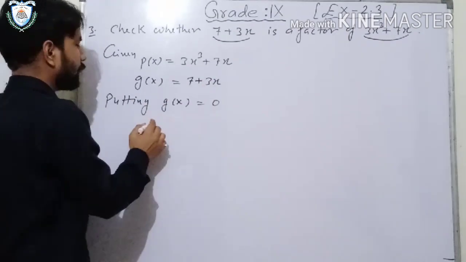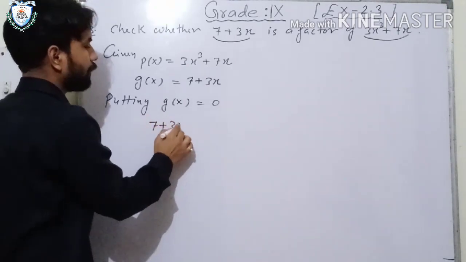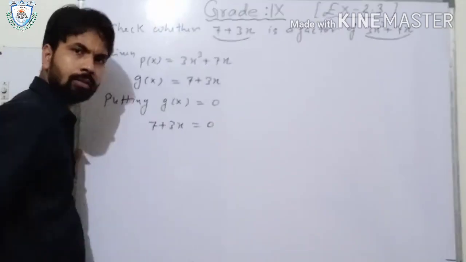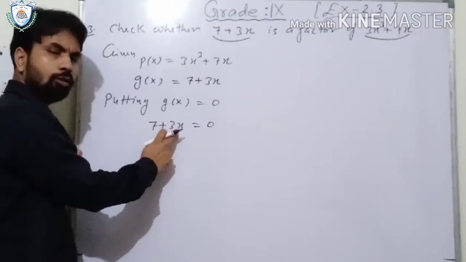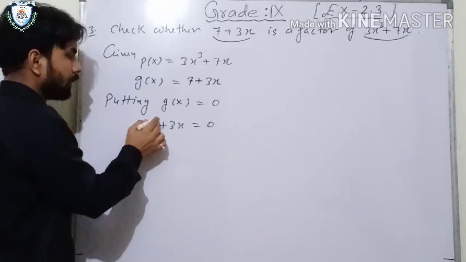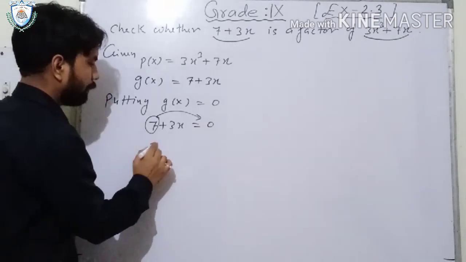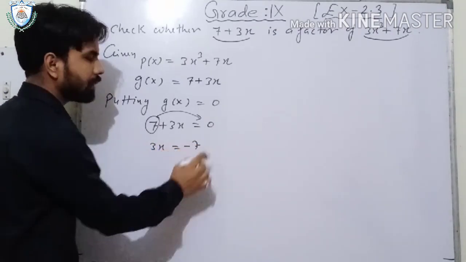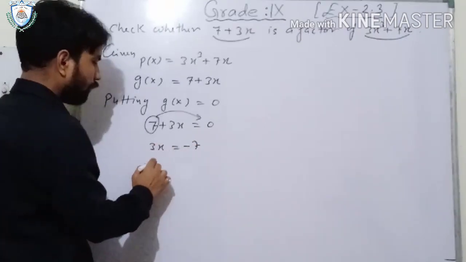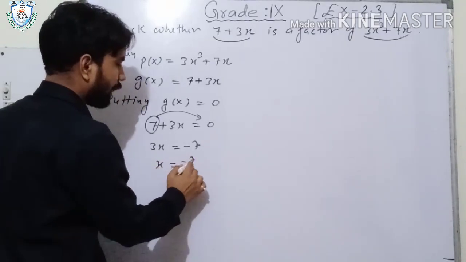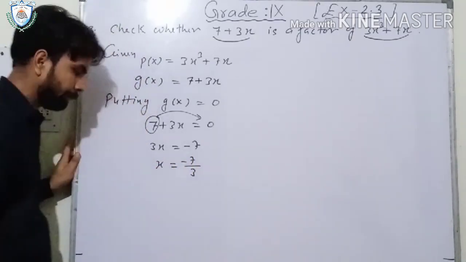G of x is 7 plus 3x equal to 0. From here we can find the value of x. This 7 can be shifted to the right hand side, so it will be 3x equal to minus 7. Now the value of x equals minus 7 upon 3.